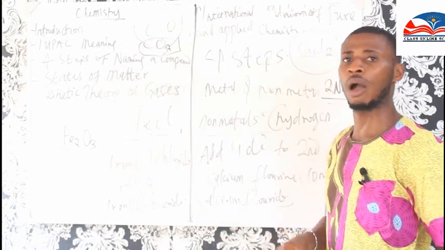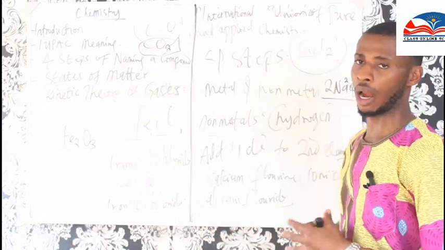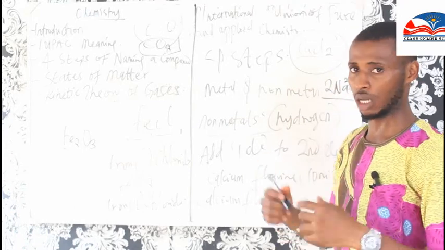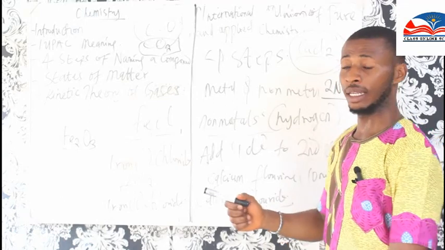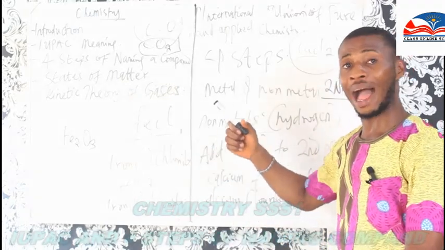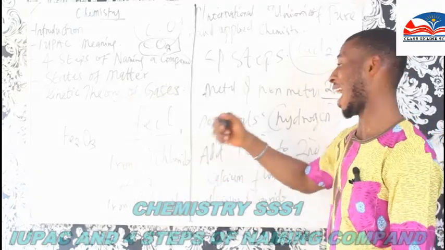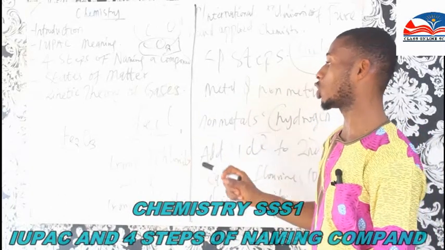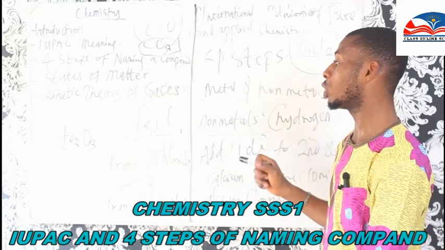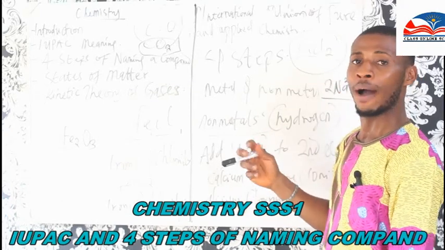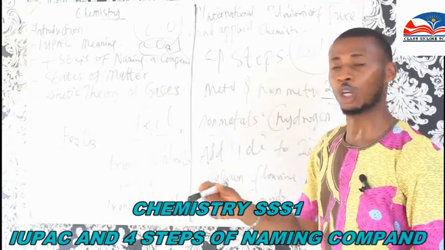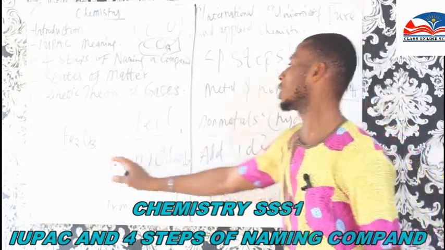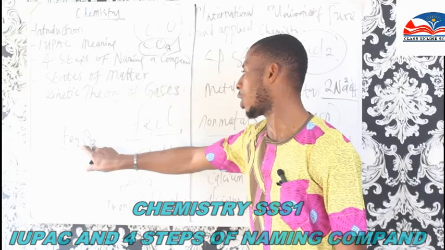The last rule says that we should check if their electrons are complete. That means the ions they give out are complete. If it is complete, then we should note that there is no prefix or suffix to add. Now this one is iron 2 tetraoxide.